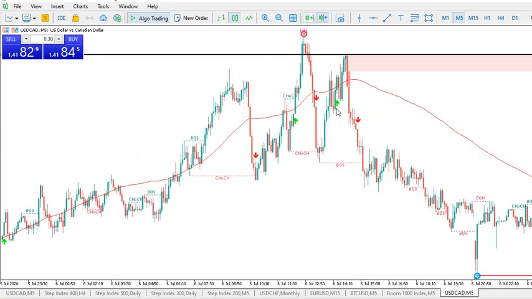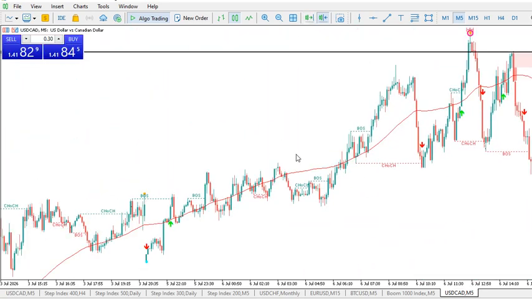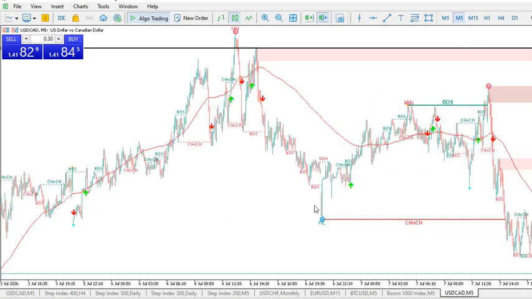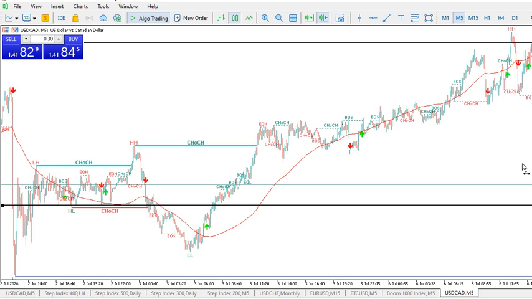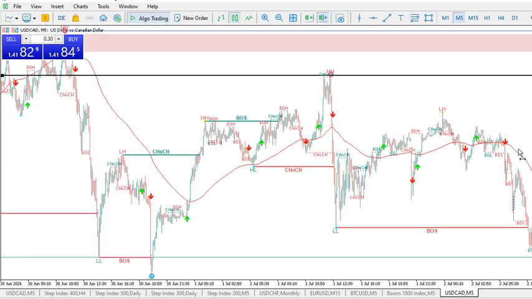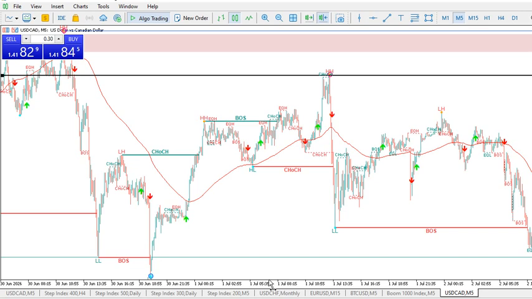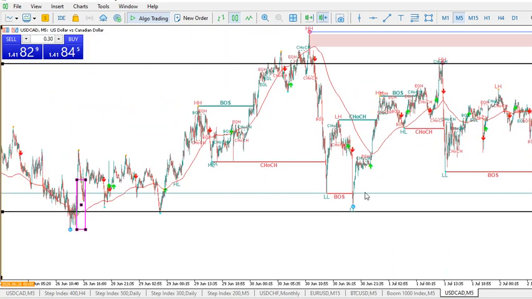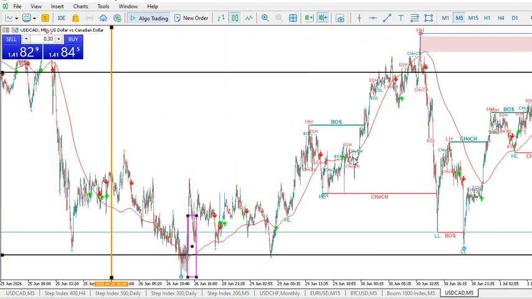So there are obviously going to be times when it provides early entries, you get in, and then take a few losses here and there.